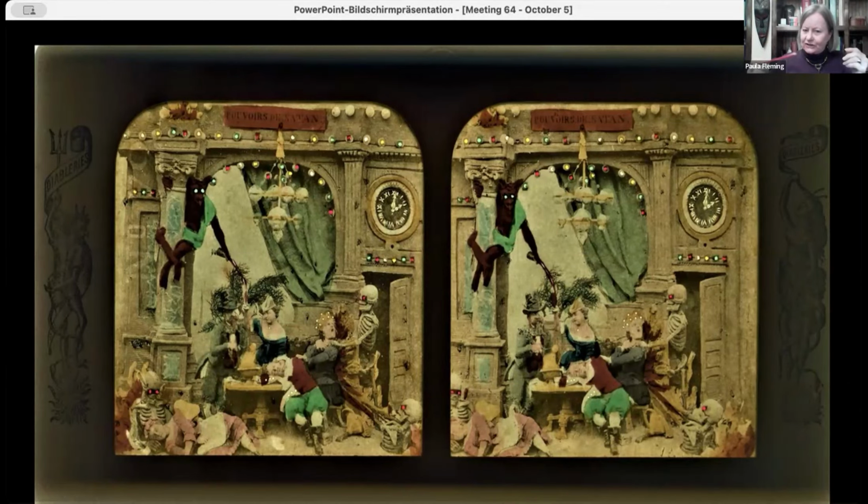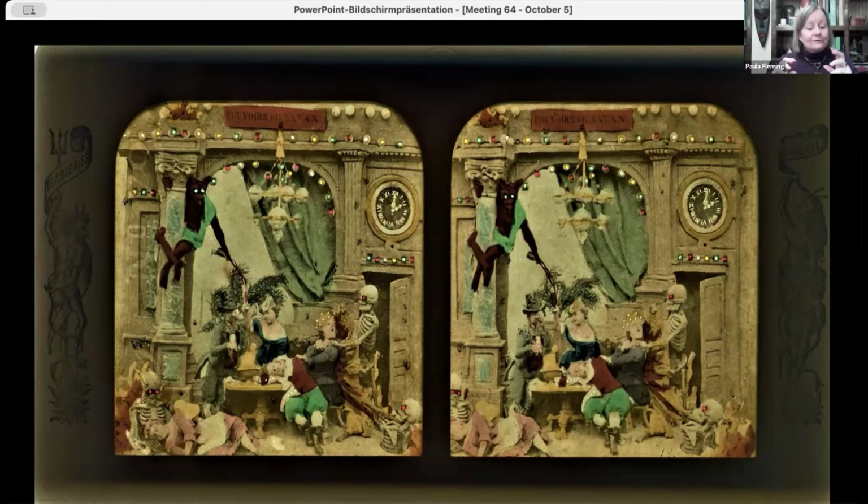But the figures of most importance, and this again attests to how subtle they were sometimes in making their references to what was going on. The devil who is by the column is pouring champagne into the glass of this couple. Now, the man is wearing a battered old hat, which was a kind of symbol of a famous actor at the time.